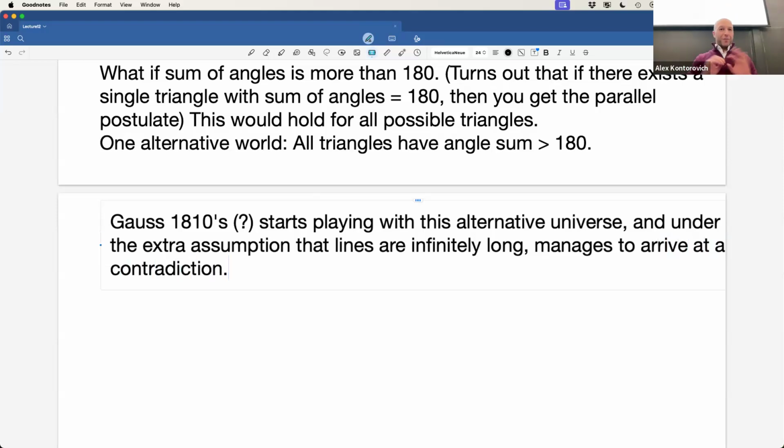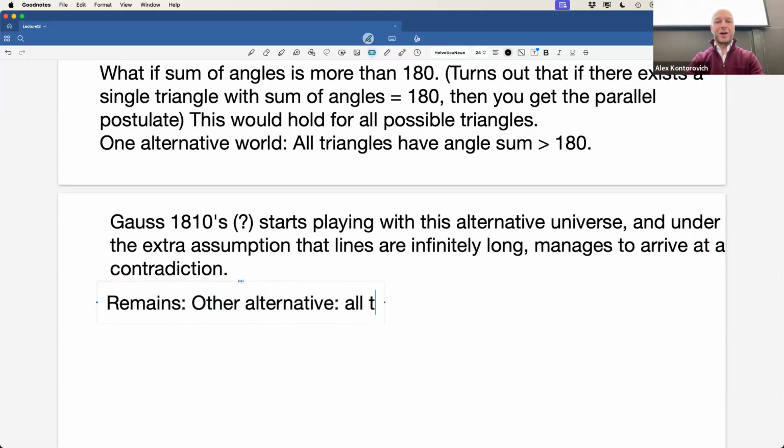So if we're assuming that all the angles in a triangle add up to more than 180, and that lines are infinitely long, then Gauss comes up with a contradiction. It doesn't actually tell anybody. I'll come back to that. So what remains is the other alternative world, namely that all triangles have angle sum less than 180.